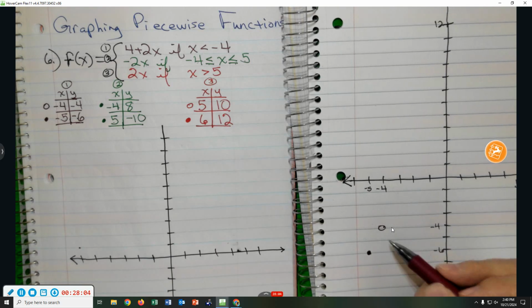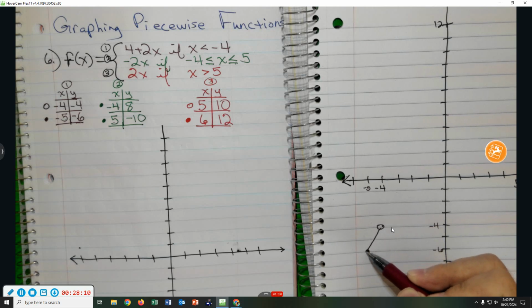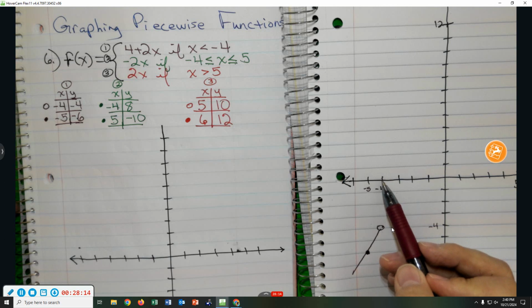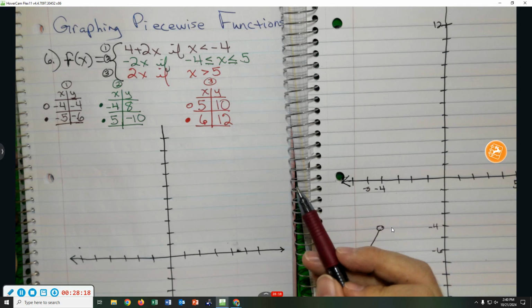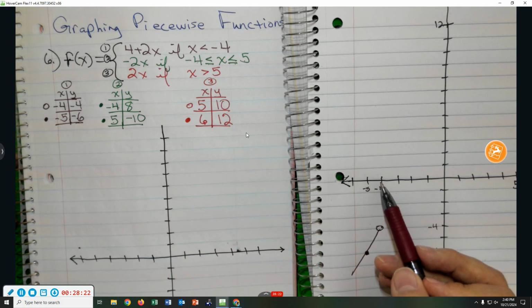The interval, the graph starts at the cut point. It goes towards that secondary point you found. It's starting at negative 4 and going to the left. Does that interval ever stop? X less than negative 4.